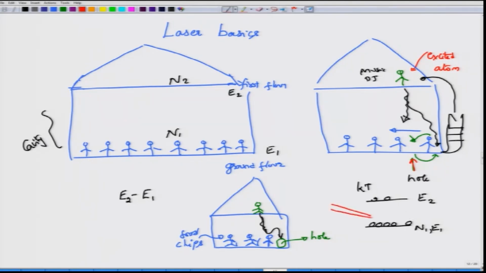So, you send in external energy in whatever form, usually in the form of electrical signals or in the form of another optical signal, causing the electrons in the ground state to excite into the next available energy state. And of course, the excited electrons cannot remain there continuously, they will drop back after a certain characteristic time.